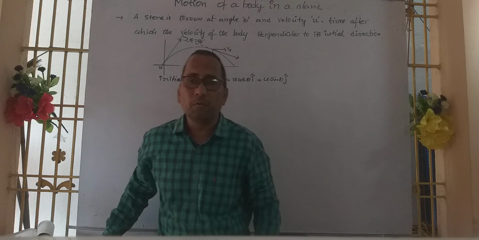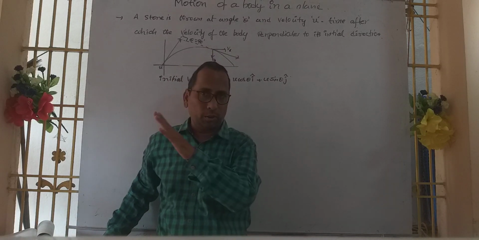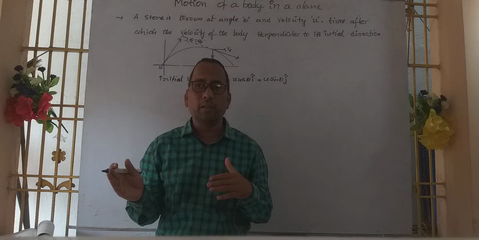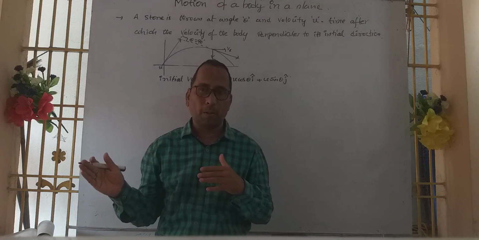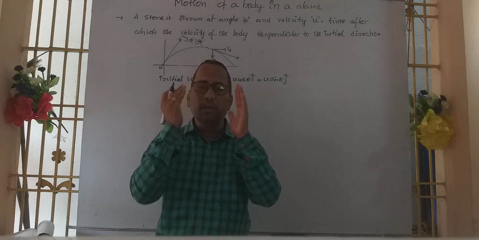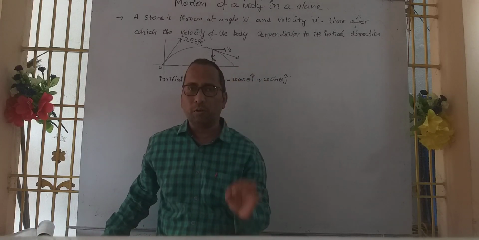Velocity can be resolved into two components, Vx horizontal and Vy vertical. Vector form means we are adding the i cap and j cap, which are unit vectors.